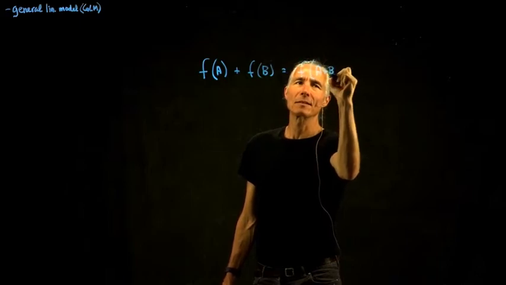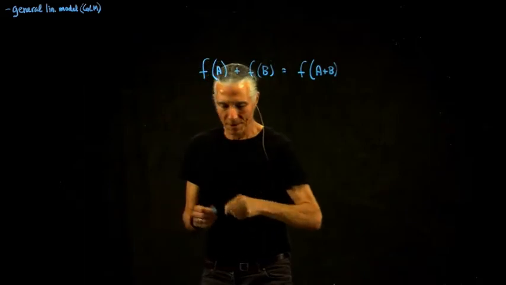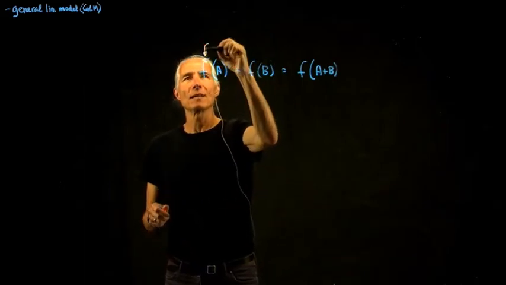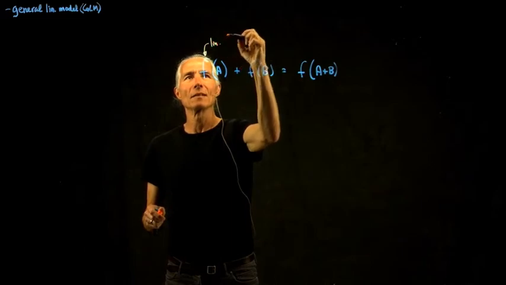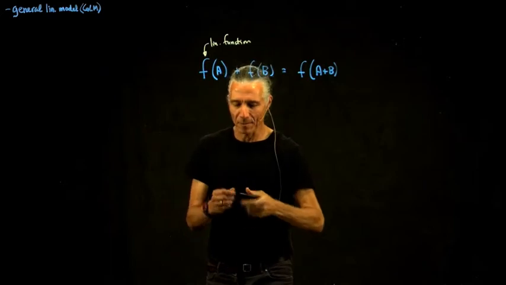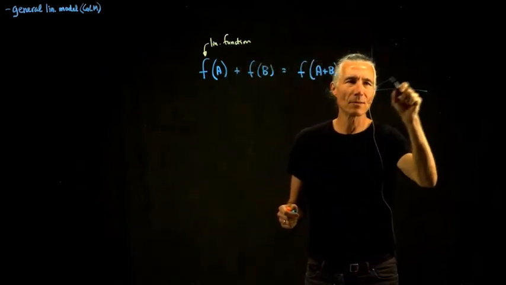That's what linear means. So if that's true, this guy is a linear function. And that applies, in the simplest case, you can see, like a graph of a line, that works with a graph of a line.